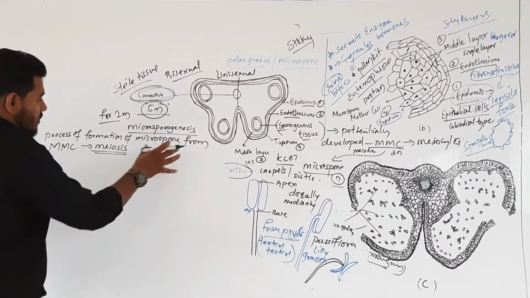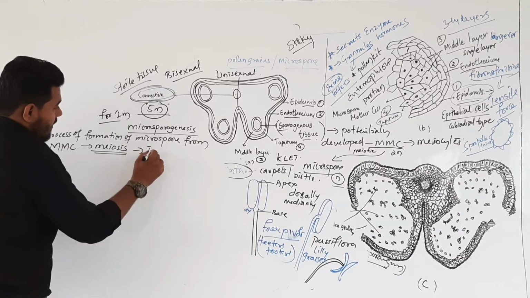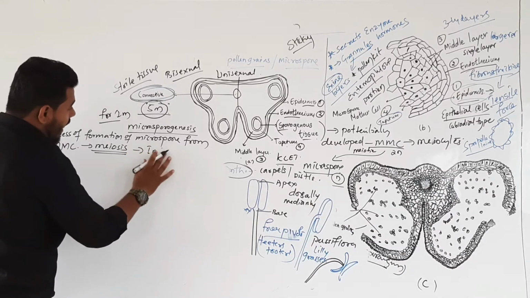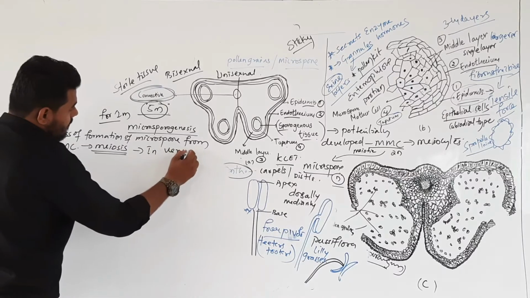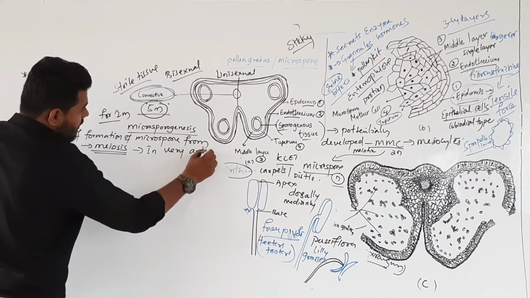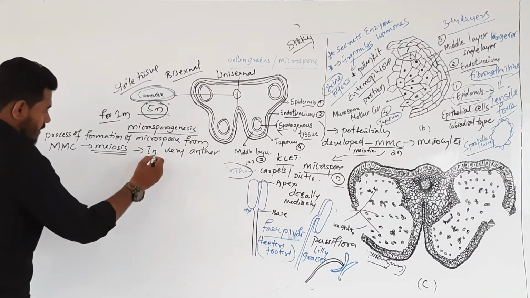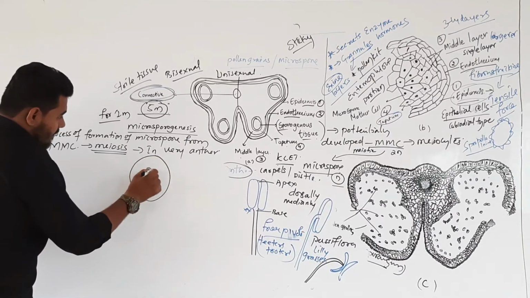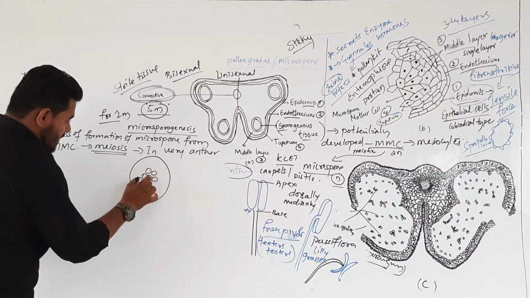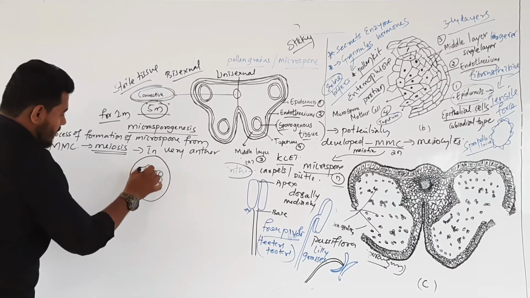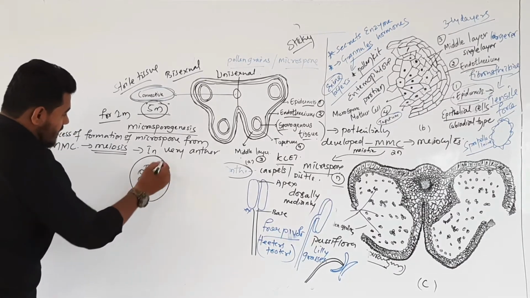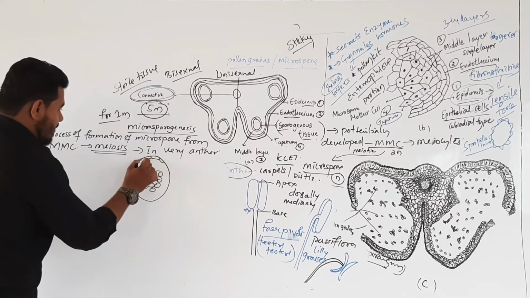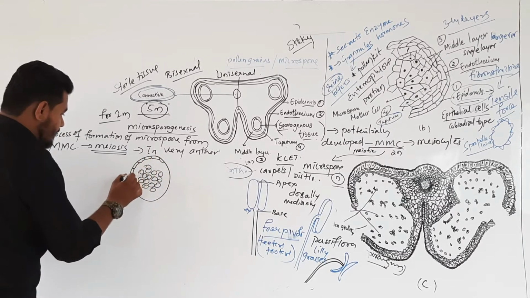Okay, so let's see. In very young anther, some of the parenchymatous cells are surrounded by epidermis.